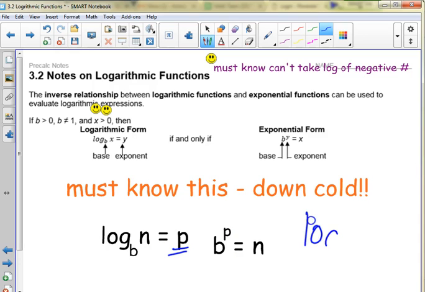So if I ask what is log base 5 of 125, anybody know the answer to that? It's 3, yes, because it means 5 to what power is 125. That's what you have to be able to do for the quiz without a calculator. Okay?